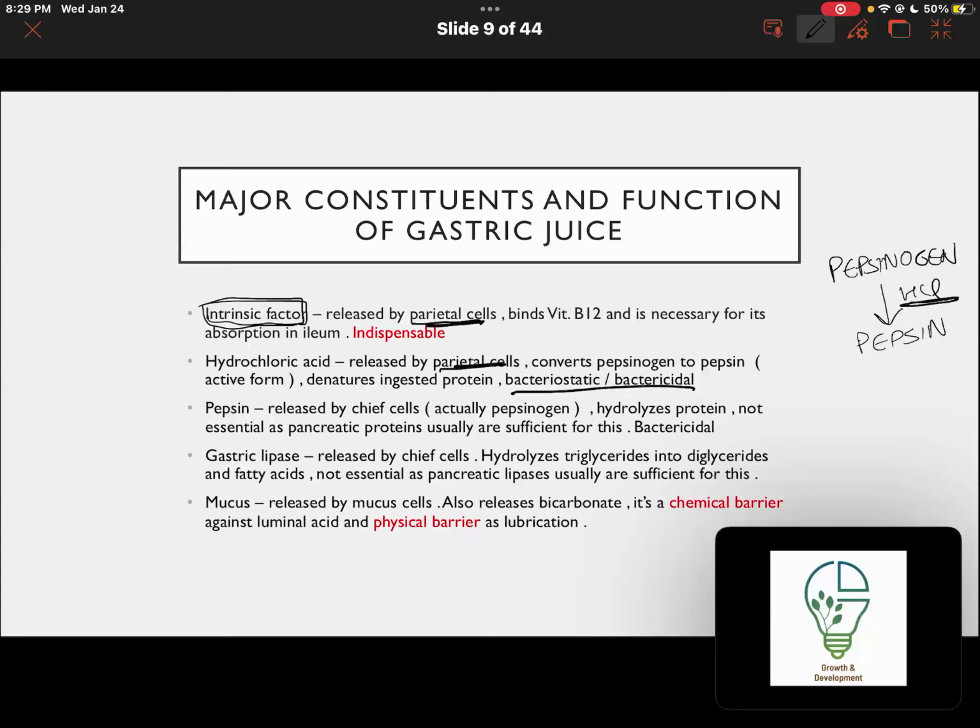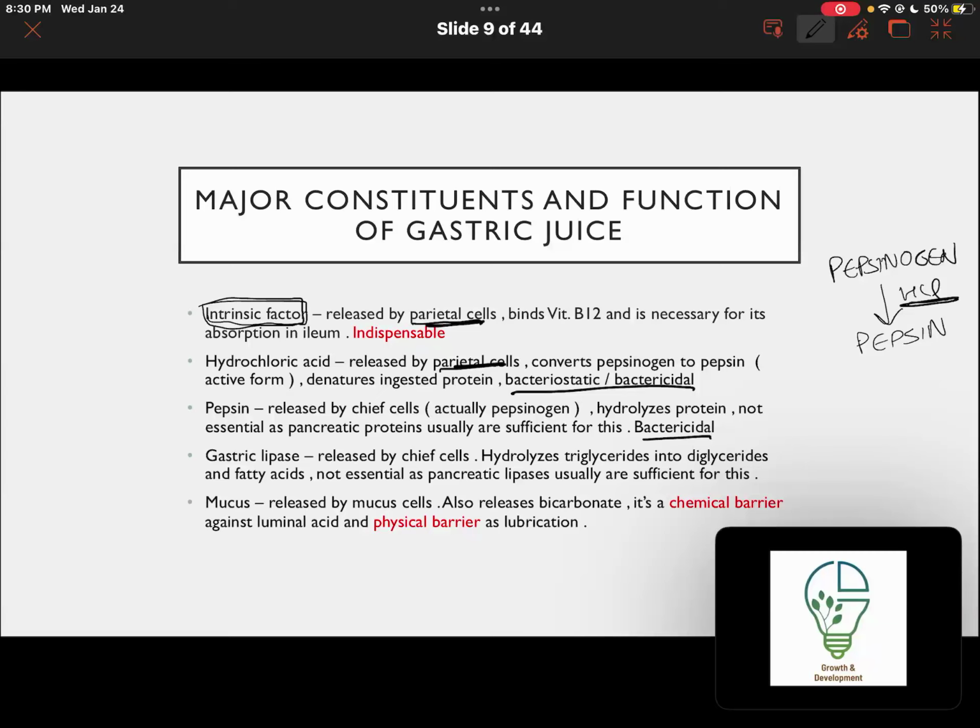So even if we have a problem where there's no pepsin in the stomach, it really does not affect the quality of life that much, just because we also have proteases that are present in the pancreas that help break down proteins. By the way, bacteriostatic is something that stops bacterial growth and then lets the immune system deal with it, and bactericidal is something that just kills bacteria. You don't need to know that, but I just thought I'd say that.